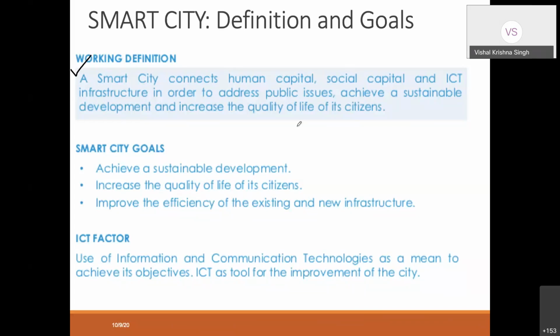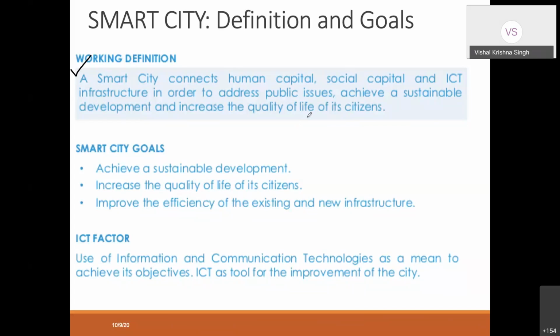So this concept must not be very far from all of us, these fundamental concepts of IoT, or for that matter, the basic necessities in a city.